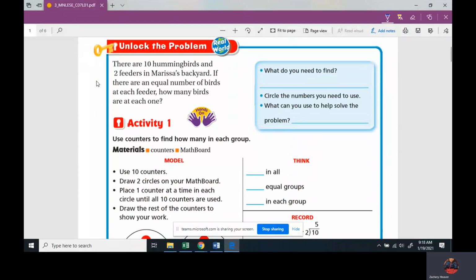It says there are 10 hummingbirds and 2 feeders in Marissa's backyard. If there are an equal number of birds at each feeder, how many birds are at each one? So first off, we have to find how many birds are at each feeder. So what do we need to find?